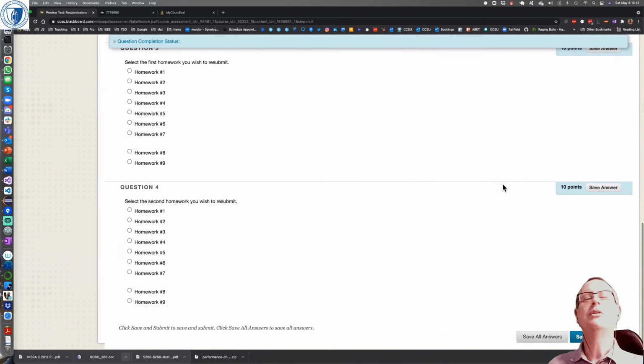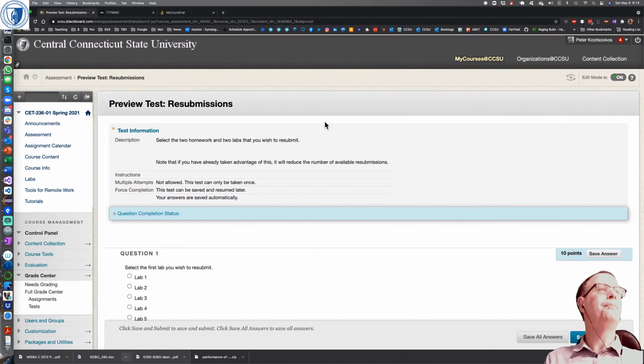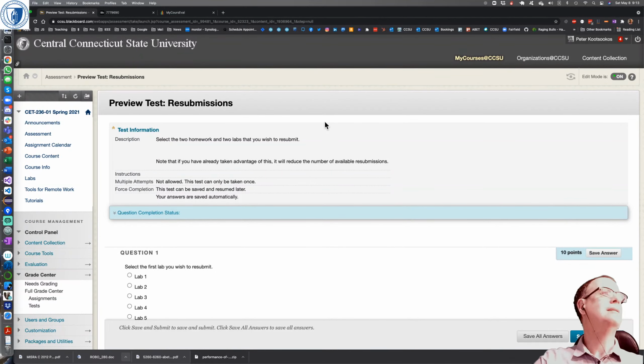You can select 2 labs and 2 pieces of homework. Remember, if you've already taken advantage of the late or resubmission after the deadline, then that will eat into that 2 and 2. Because the deadline is the 15th, I'd like to get as much stuff done by the 15th. I have to get everything in by the 21st. Every homework that you graded, it's on the Blackboard, correct? That's correct. Yep. Thank you. Appreciate it.